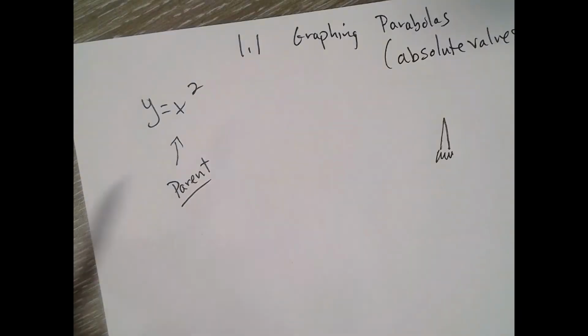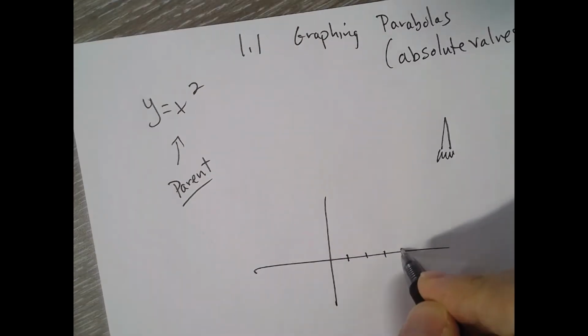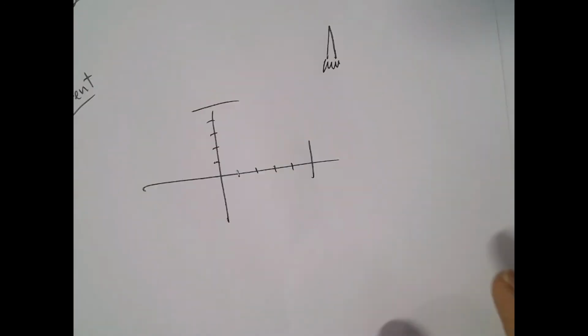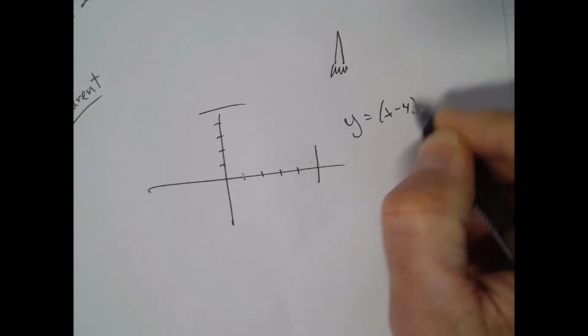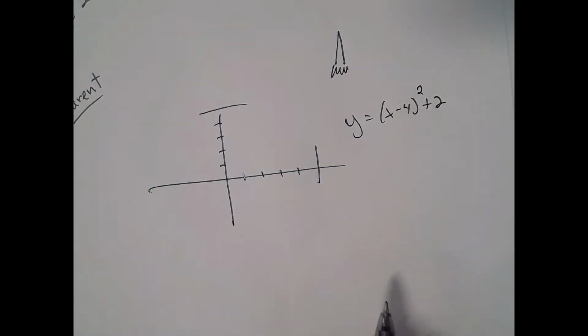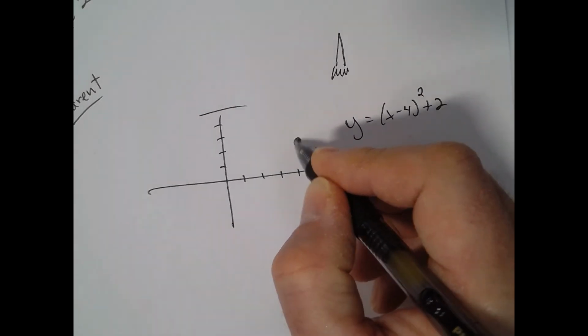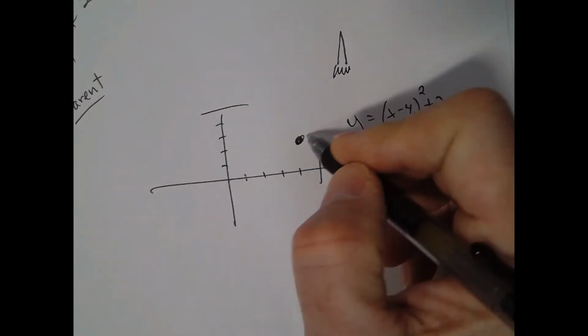If I was doing this without a calculator, on my graph paper, y equals (x minus 4) squared plus 2 means we move right 4 and up 2, and put a dot right there. That's the most important point on the whole parabola. It's called the locator point, or the vertex of the parabola. Then you can just draw the shape from there.